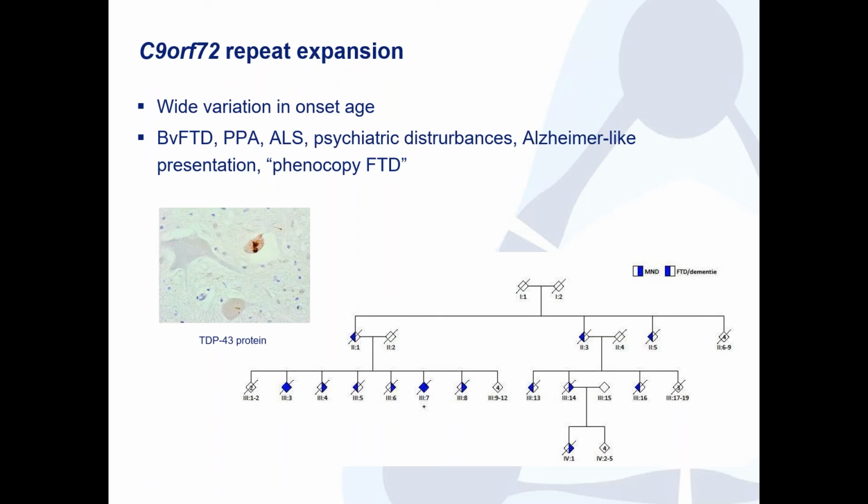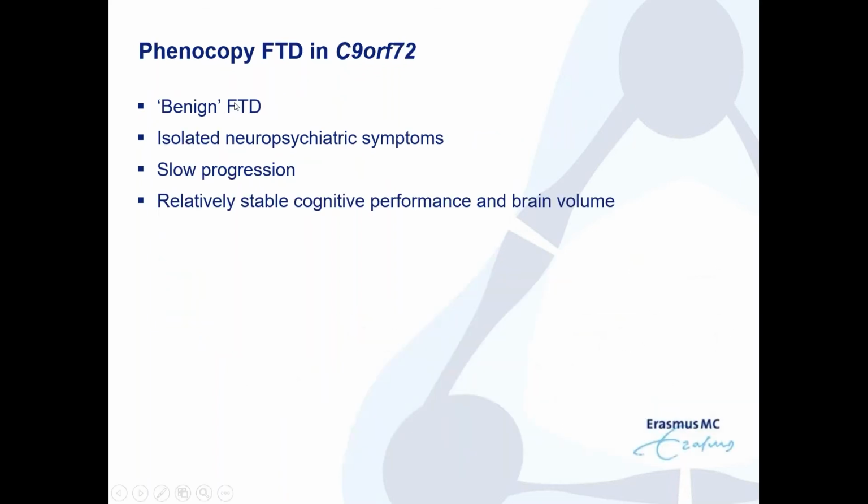This clinical variation is even more pronounced because some patients mainly exhibit psychiatric disturbances such as visual hallucinations. Other persons have what clinically mimics Alzheimer's, with mainly memory disturbances. And there's also something that we call phenocopy FTD.